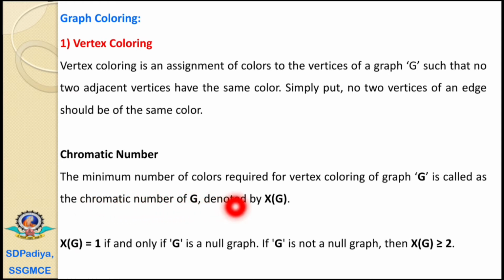And if it is not a null graph, definitely there is at least one edge. Therefore if G is not a null graph, then X of G should be greater than or equal to 2, because if any two nodes are connected with a single edge, then we have to define a minimum of two colors for these nodes.